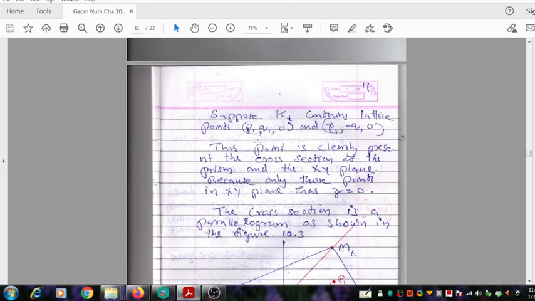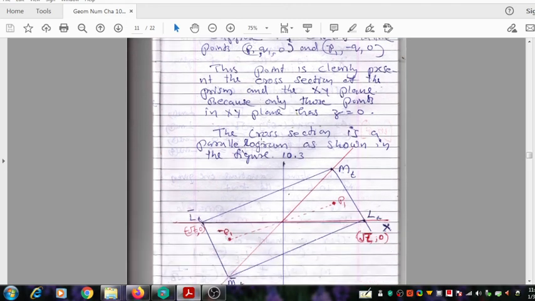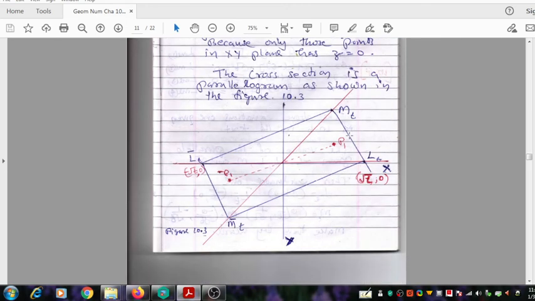And this point is clearly present in the cross section of the prism and the XY plane. See, when we consider the cross section of the prism, you can see in this figure, this is the cross section of the prism.